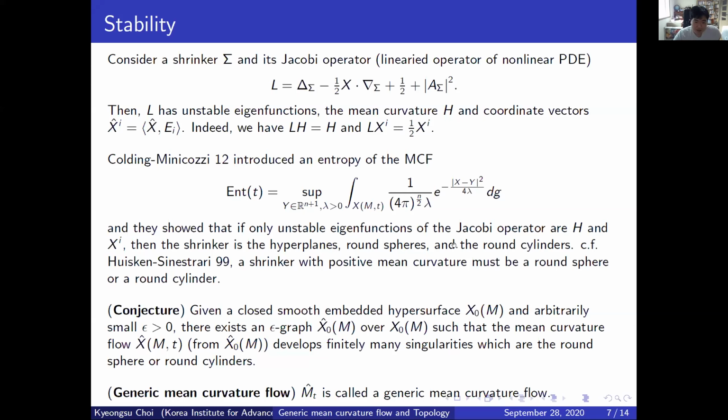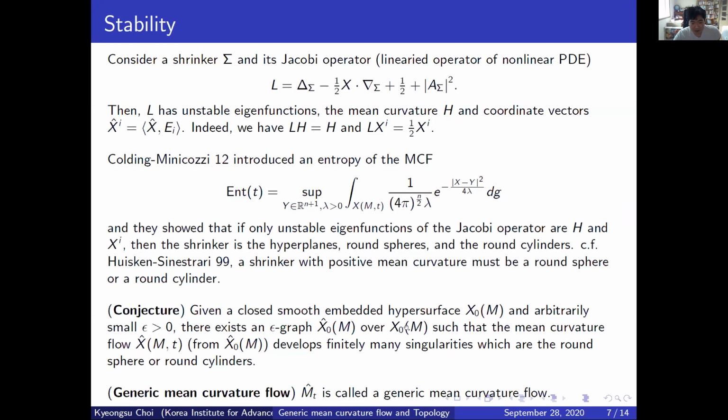So yeah, we know the linearly stable shrinkers. Then there is a conjecture. The other shrinkers are somehow unstable, so we can expect the following.